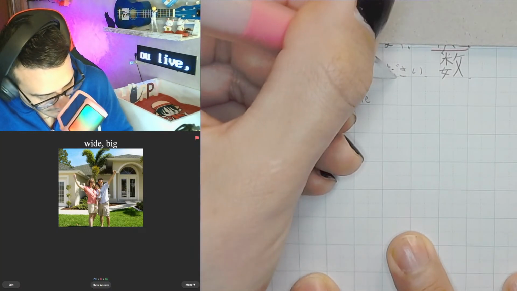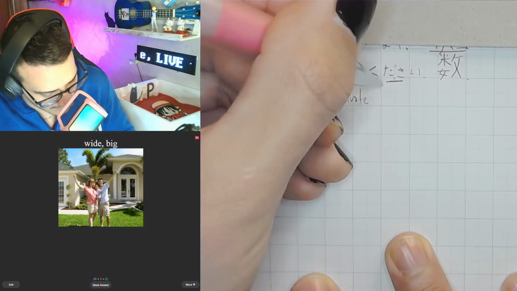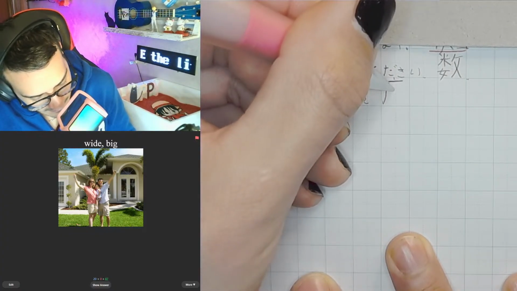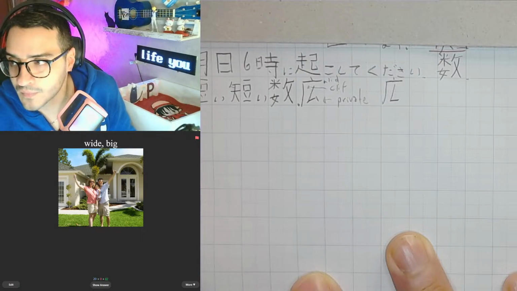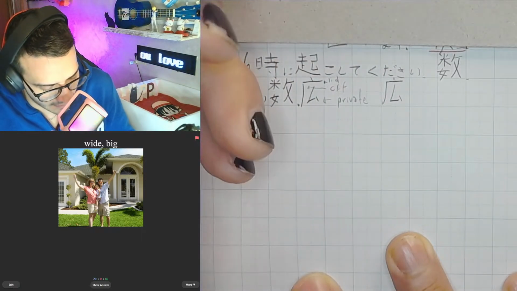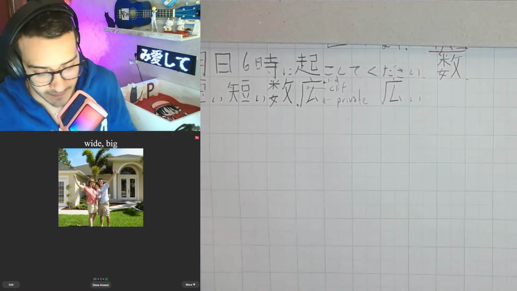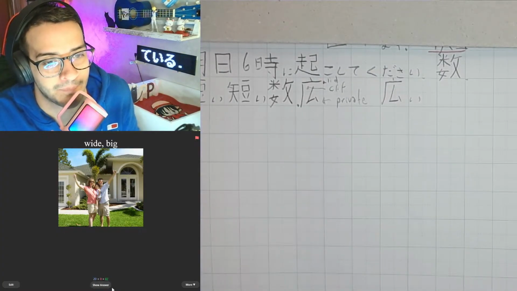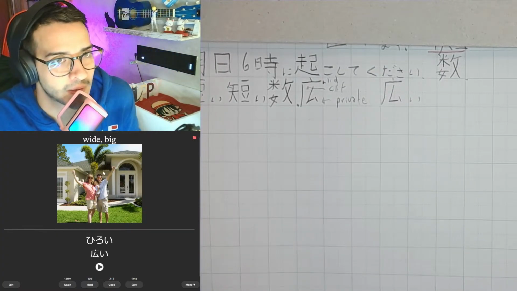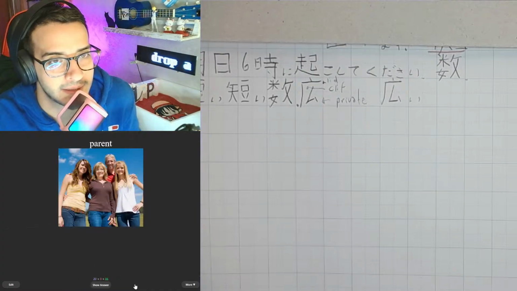So the cliff and the private. And we say hiroi, 広い, wide or big, easy.